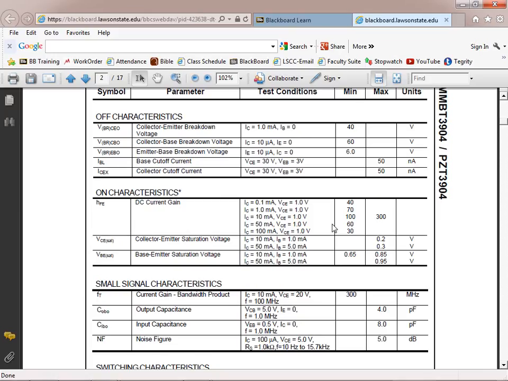So we have to take the beta with a grain of salt, and we'll see where we can use this. Now, once the beta of a circuit has been established, then normally we're okay. It'll always fall somewhere between this range.